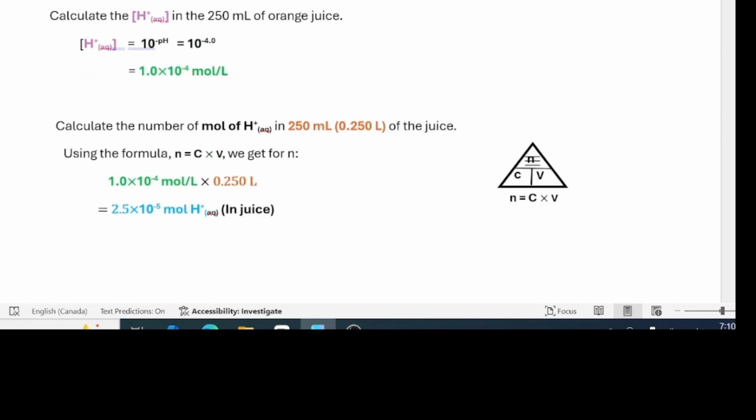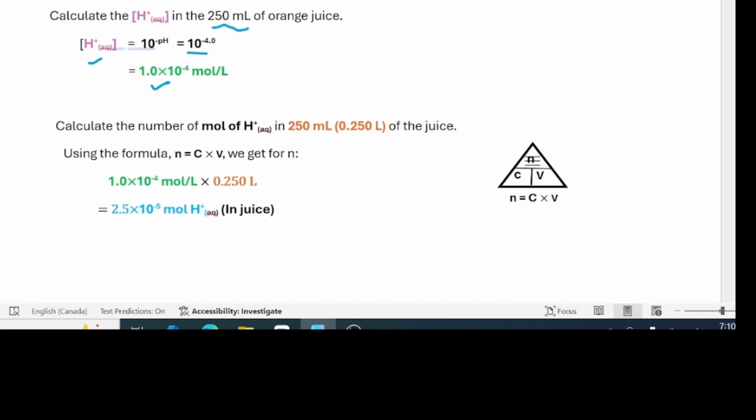The next thing we have to do is to calculate the amount of hydrogen ions that are found in 250 milliliters of orange juice. Again, we can calculate the concentration of the hydrogen ions by utilizing this expression here, which is equal to 10 to the negative pH. We know the pH is 4. It turns out to be that concentration of hydrogen ions in the orange juice.